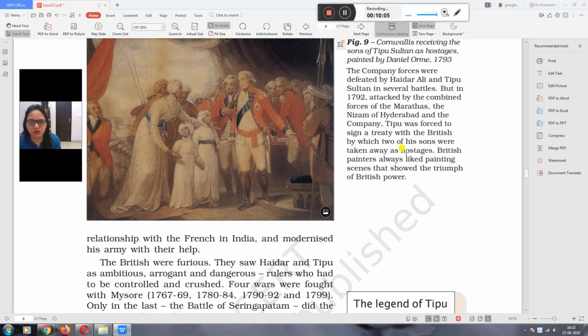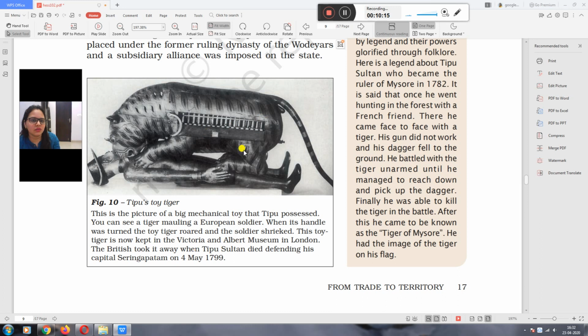British painters always liked this type of painting because they wanted to show their power. You can see this toy also, the Tipu Sultan toy. This was a special toy which was taken by the East India Company. This toy tiger is now kept in the Victoria and Albert Museum in London.